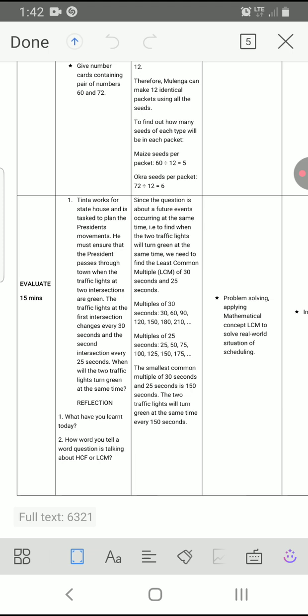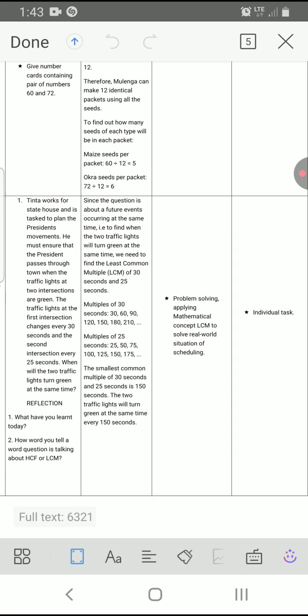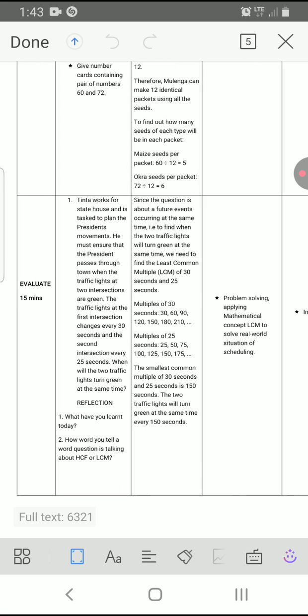Then the children will respond to these two questions. After we evaluate, we will be in a better position to either reteach or move to the next topic.